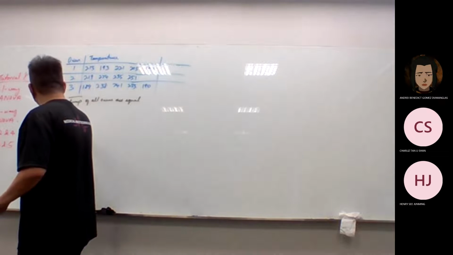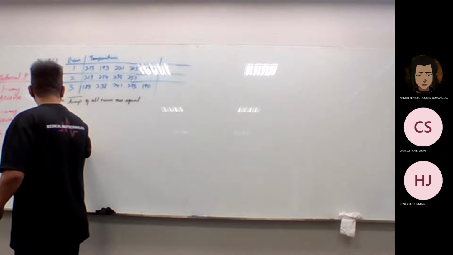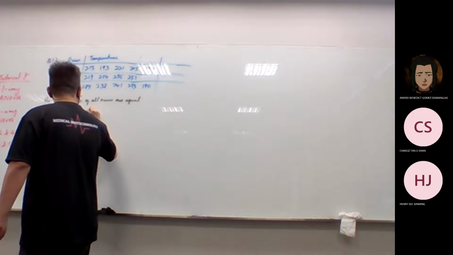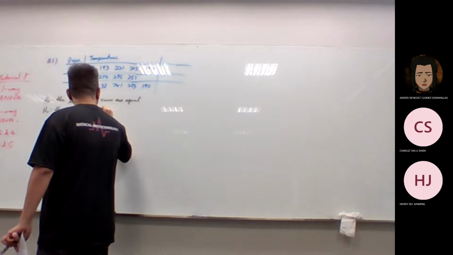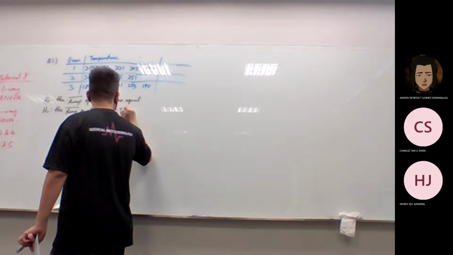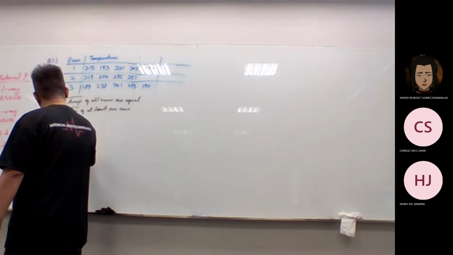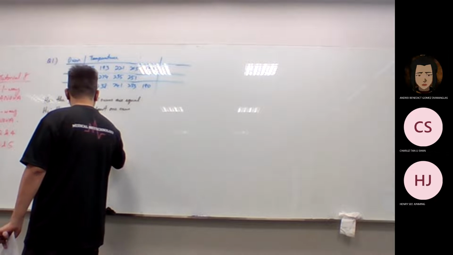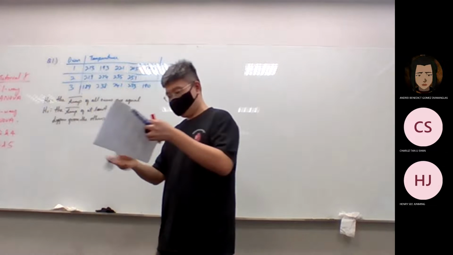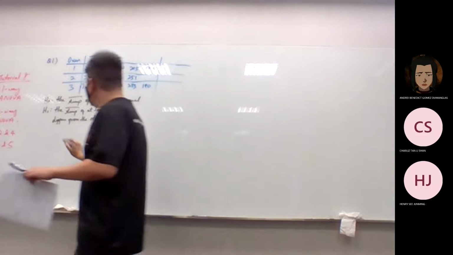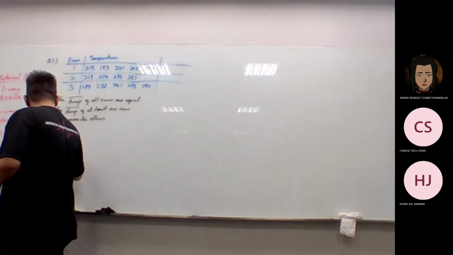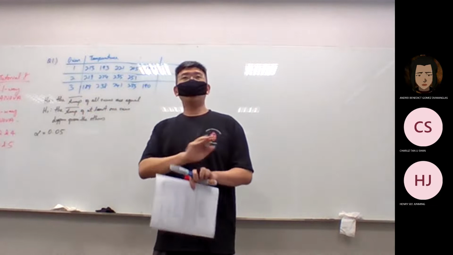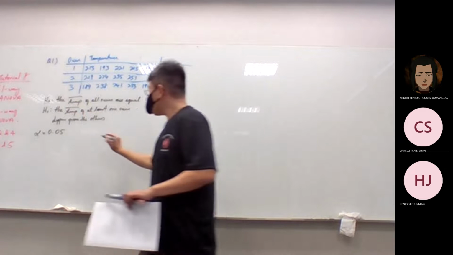The alternate hypothesis is that the average temperature of at least one oven differs from the others. And here you are testing at 5% significance. Very important, ANOVA doesn't have two-tail test anymore. ANOVA is always one-tail test.